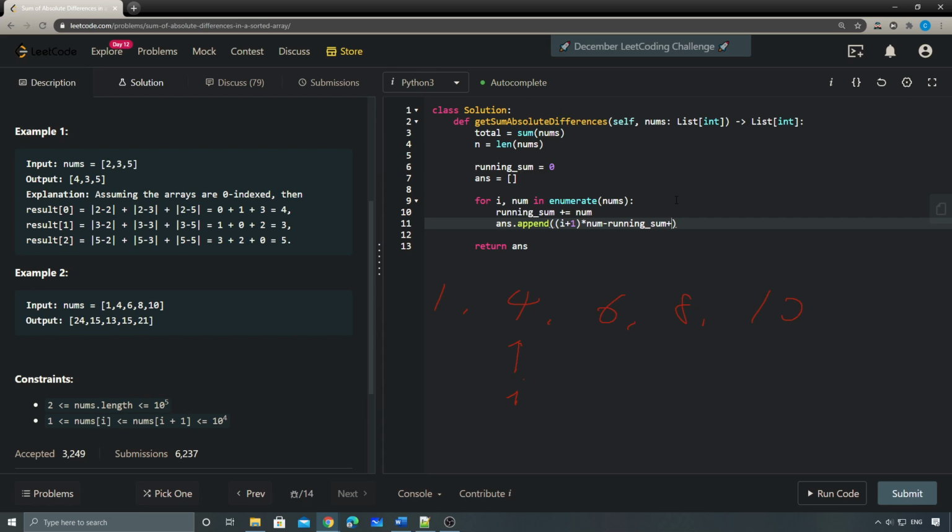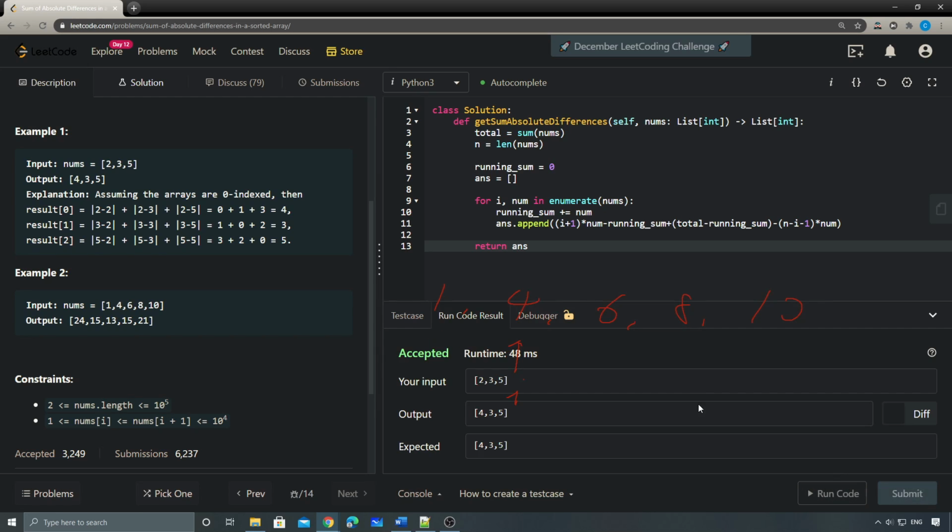So this is the first part. The second part is the total minus the running sum, and then we subtract (n minus i minus 1) times num. I'm basically just writing the formulas here, and that's it.